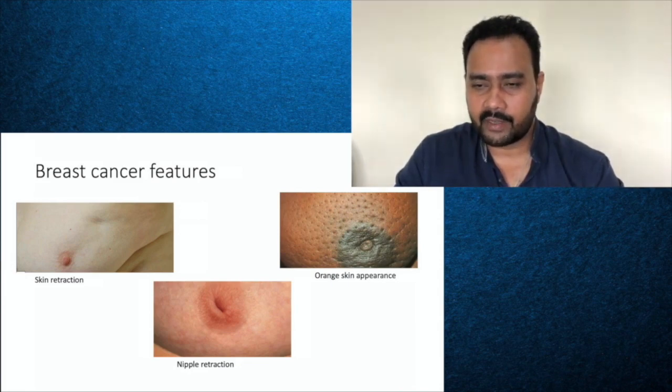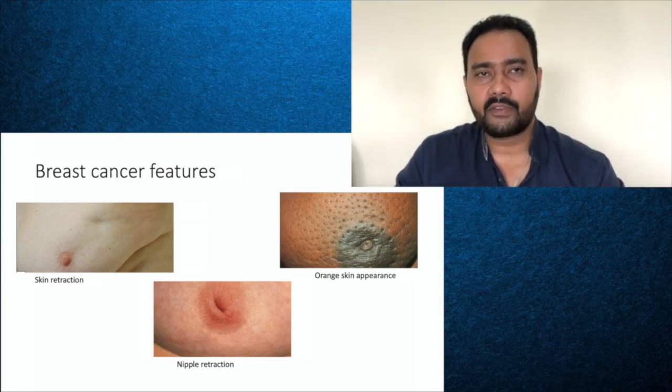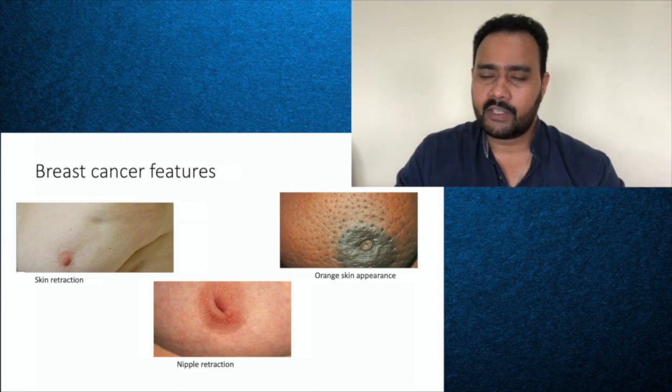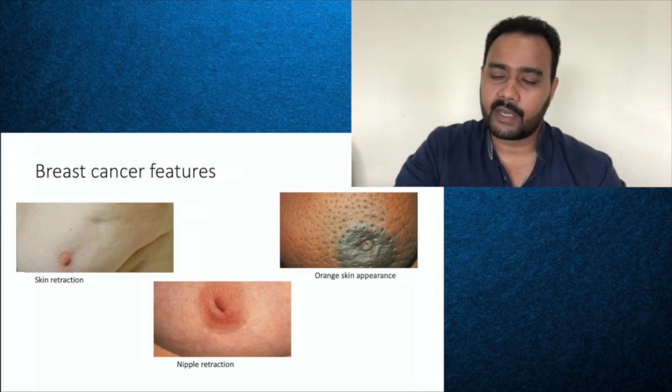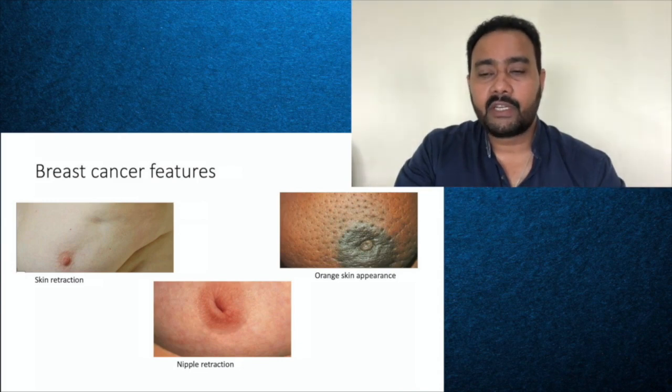It looks like orange skin, or we call it peau d'orange appearance. You can read about it in the books. You will learn that later on, but I just wanted to introduce these terms. So this is the lymphedema in the skin. Easily you can remember it as orange skin. If you see orange skin, the appearance will be the same. So it is called orange skin appearance or peau d'orange appearance. The third one I have mentioned is the duct.